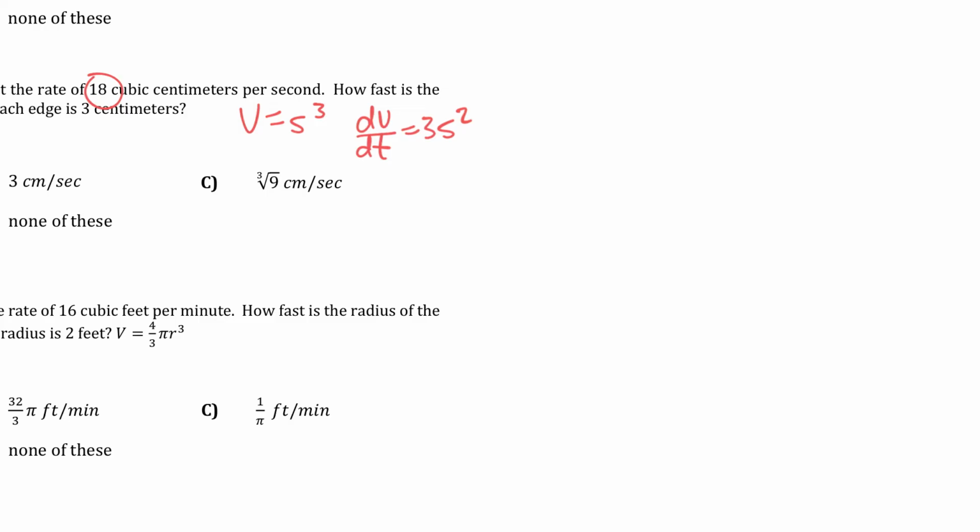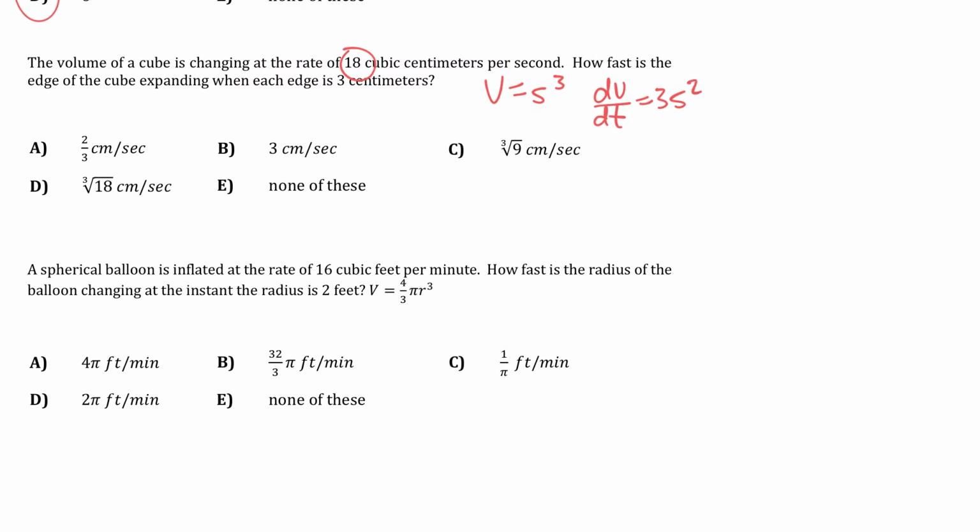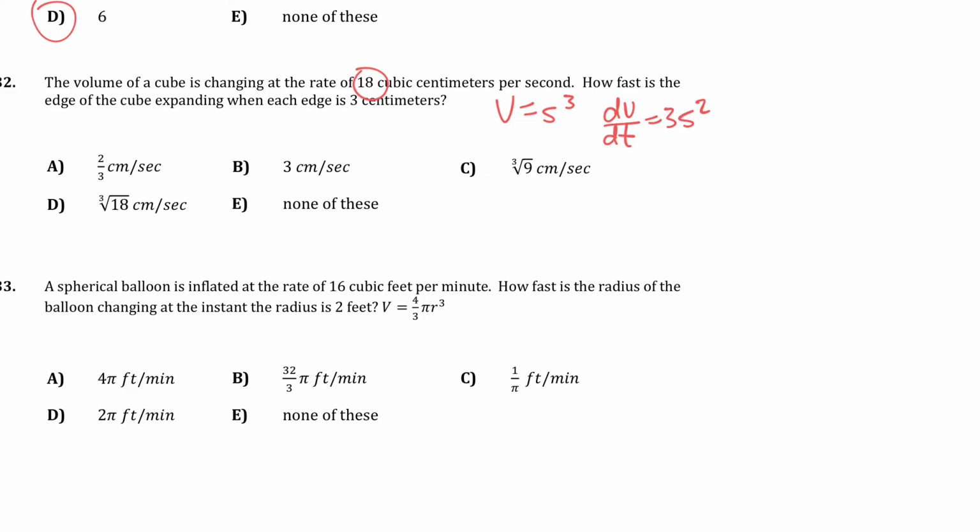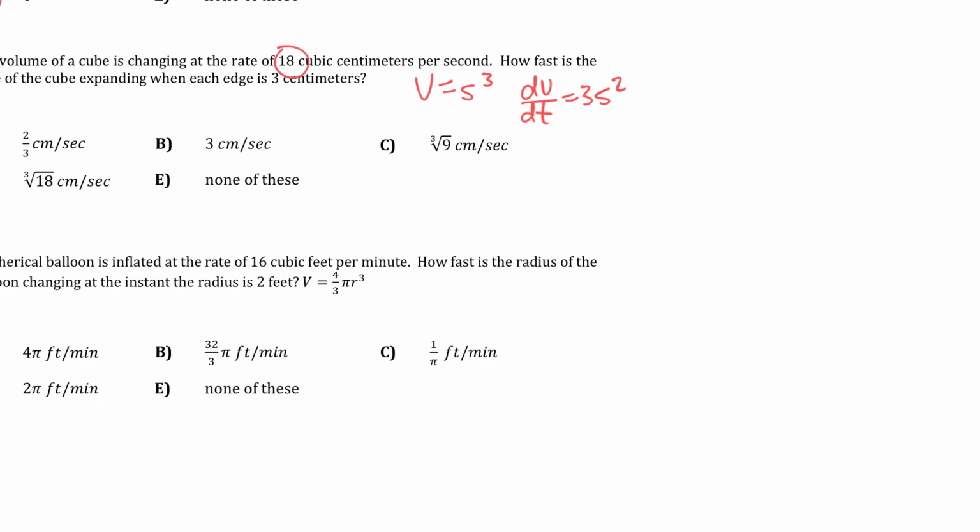So let me put this all together here. What we need to see is that dV/dt is definitely that, and so dV/dt is also 18. So what we can say then is instead of dV/dt, we have 18 is equal to 3s squared, oh, and that is ds/dt.